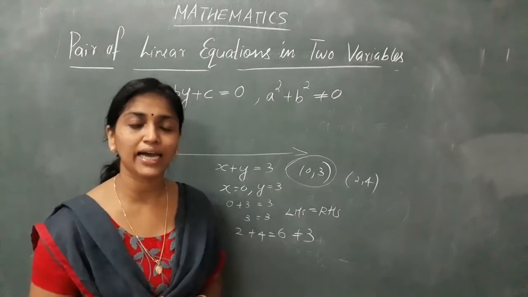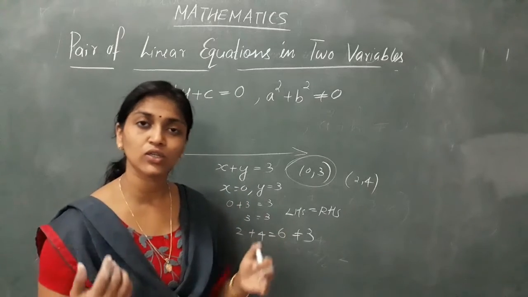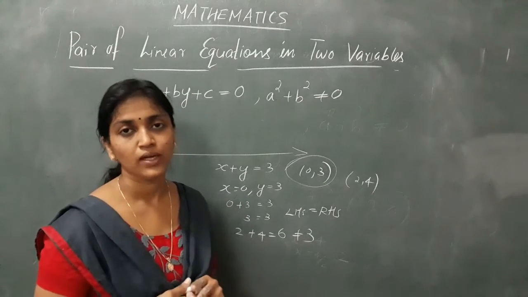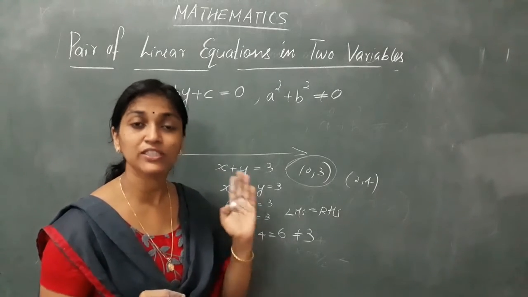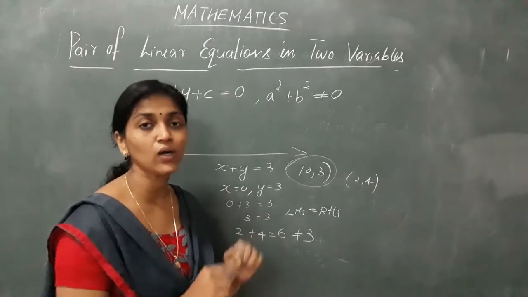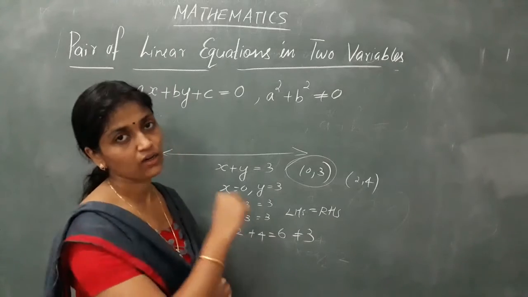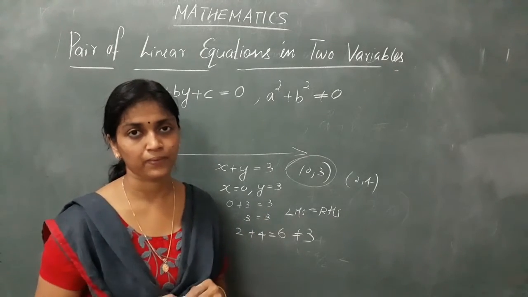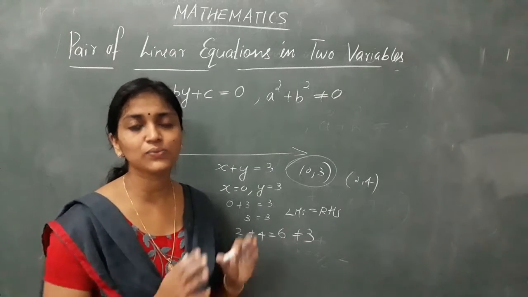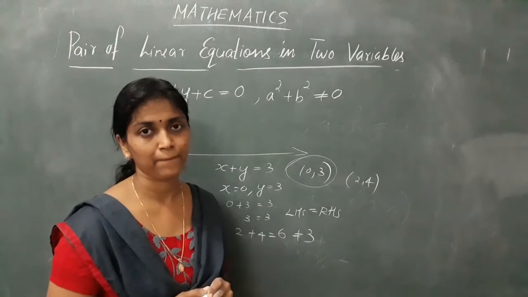Every point on the line is a solution, and the converse is also true. That is, if a point is a solution, it will lie on the line of the graph representing the linear equation. Clear? All this we studied last time.